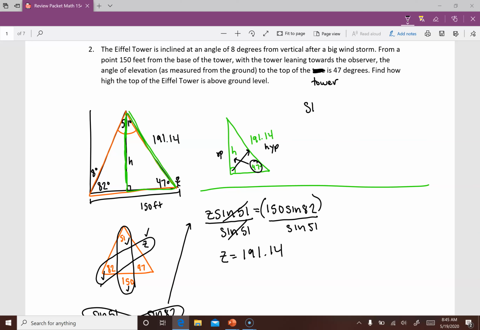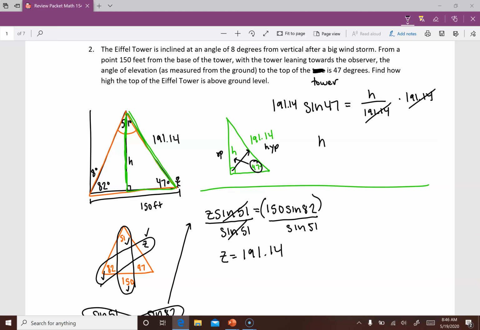So since I have opposite and hypotenuse, this is going to be a sine problem. So this is going to be sine of 47 equals opposite over hypotenuse. In this case, h is my opposite and 191.14, my hypotenuse. Now since I'm dividing by 191.14, I want to multiply by it to get rid of it. Okay, these cancel.